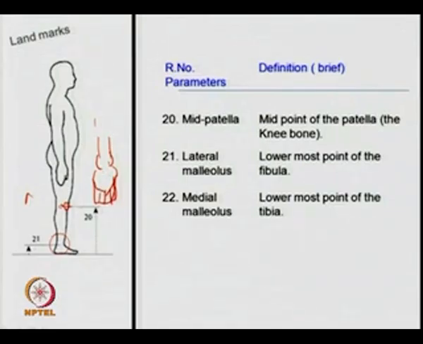The inner part is the medial malleolus and the outer side is the lateral malleolus. The lowermost point of the fibula is the lateral malleolus and the lowermost point of the tibia on the inner side is the medial malleolus.